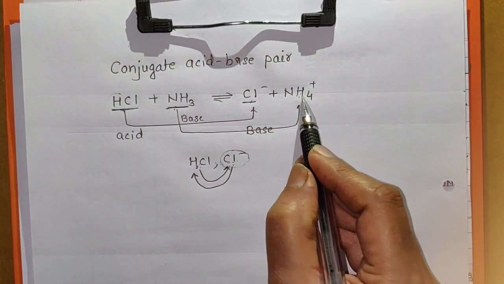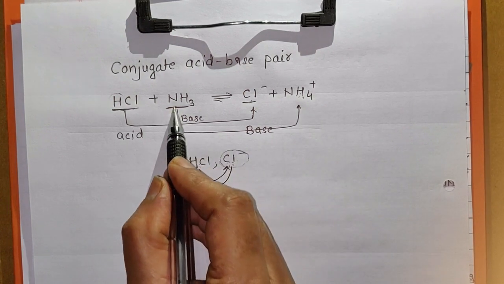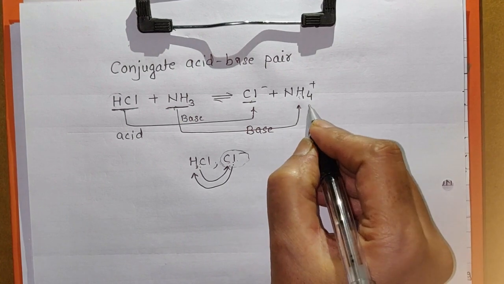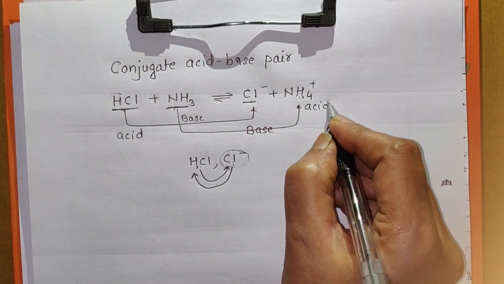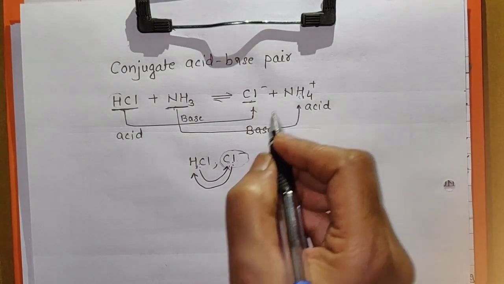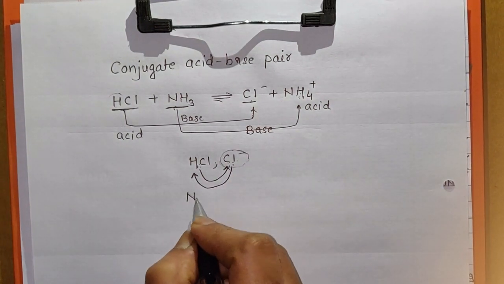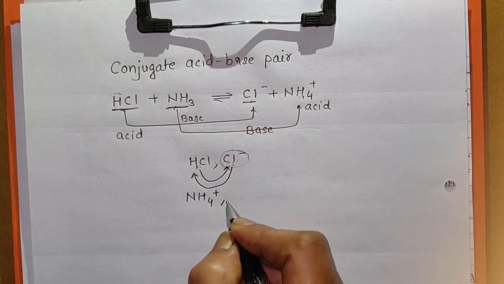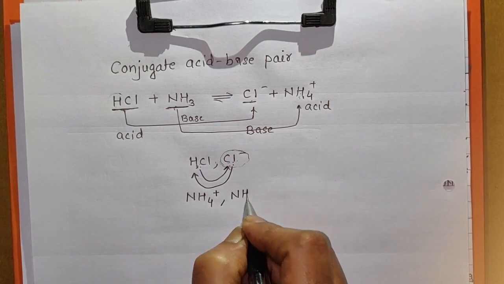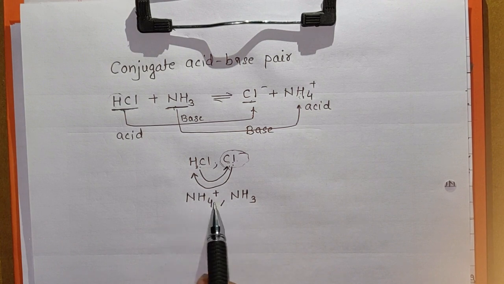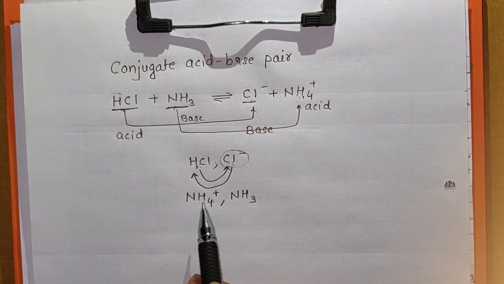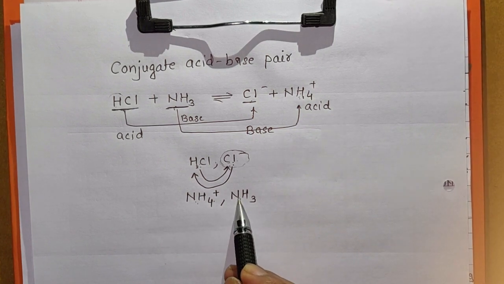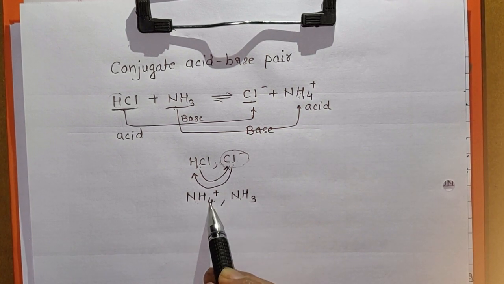And in the reverse reaction NH4 plus is converted into NH3 by donating a proton, and a proton donor is an acid, therefore NH4 plus is an acid. So in this reaction the second conjugate acid base pair is NH4 plus, which is the acid, and its conjugate base is NH3. Now we can say that NH4 plus is the conjugate acid of NH3 and NH3 is the conjugate base of NH4 plus.